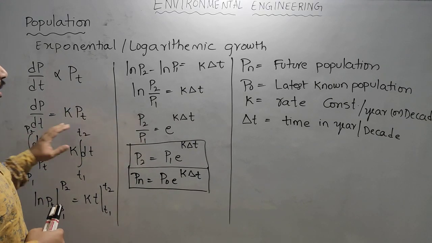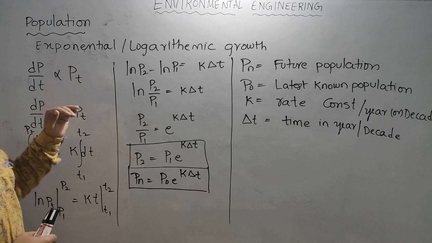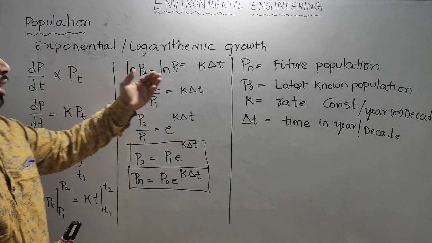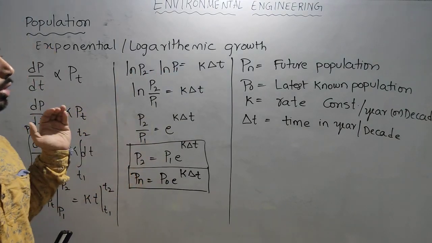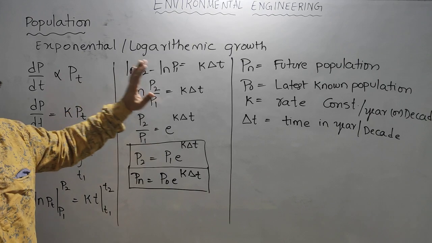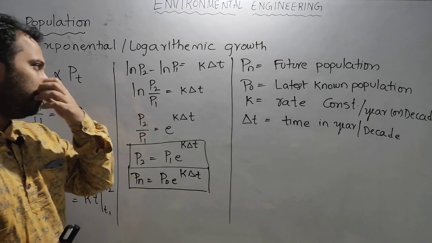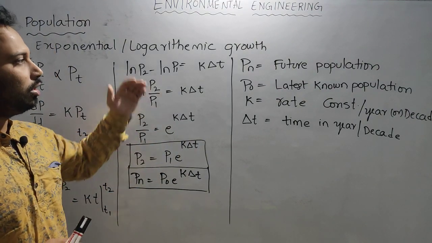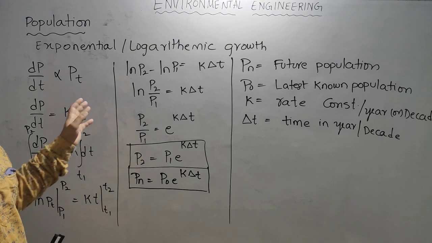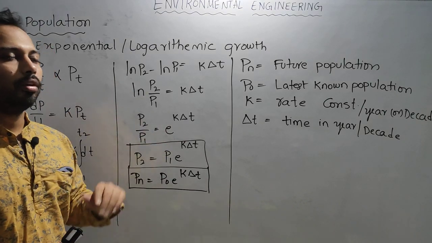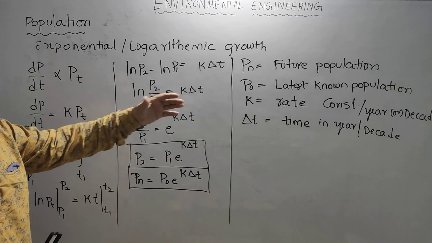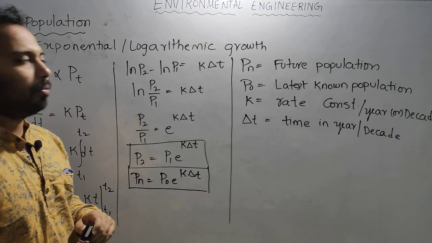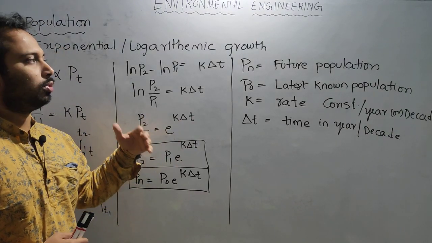When you have data in the form of a graph, you get a rate constant from that graph, and then this kind of approach is followed. If the past population data is in numerical form, then this formula may not be suitable, because we would need to plot it on a graph, derive the k value from that graph, and then use this formula. That procedure would be lengthy.